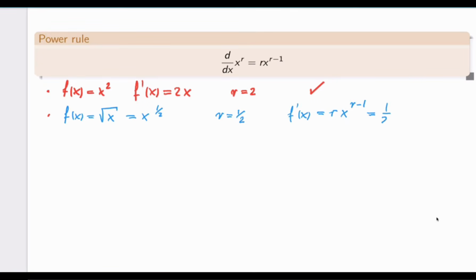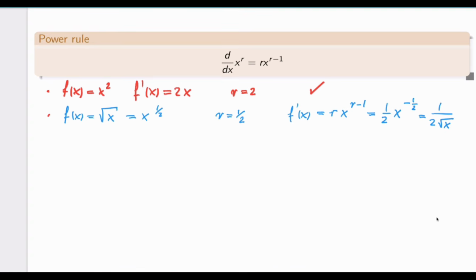So then this comes out to be 1/2 times x to the power of 1/2 minus 1, which is minus 1/2. And so then I can write this as 1 divided by 2 root x. So if f is root x, then the derivative is 1 over 2 root x.